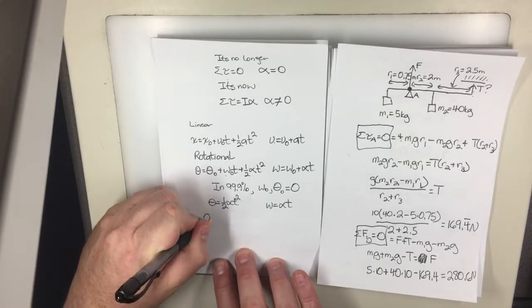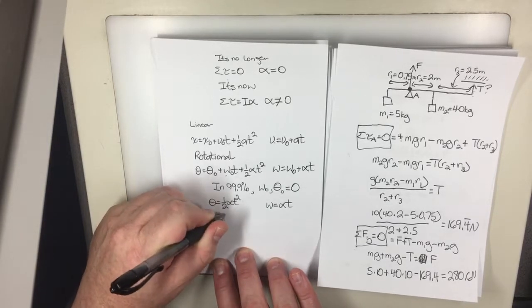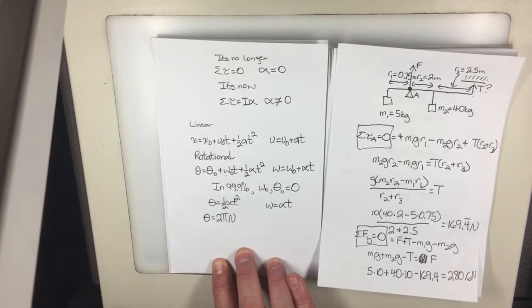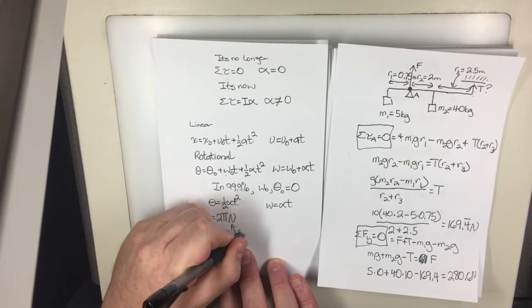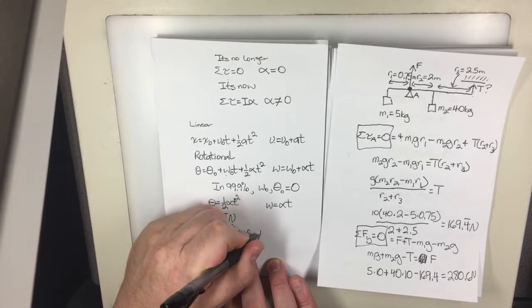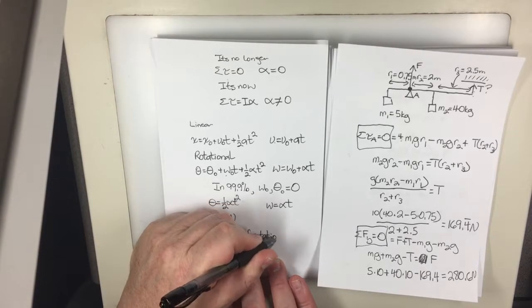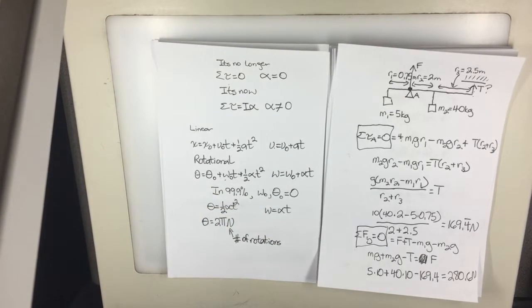One of which is theta equals 2 pi n, where n is the number of rotations, multiplied by 2 pi, is the angle traversed by the object.